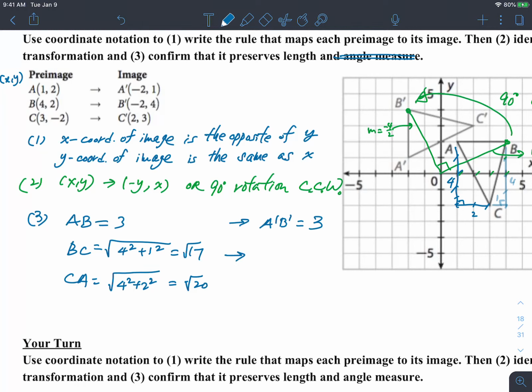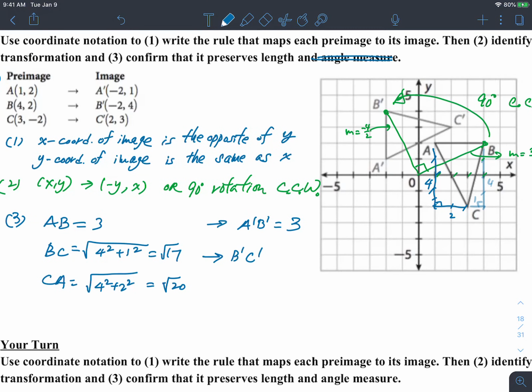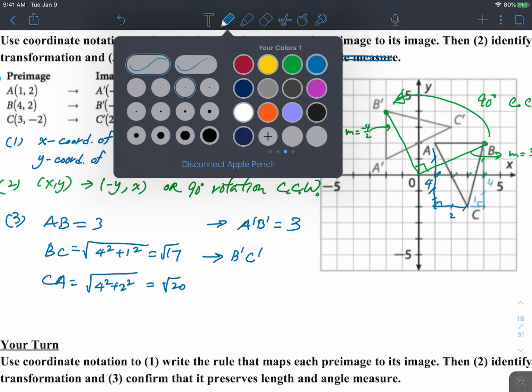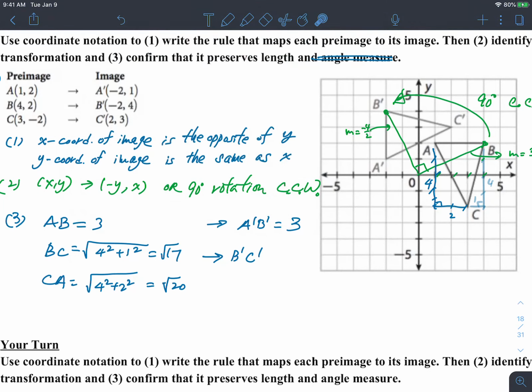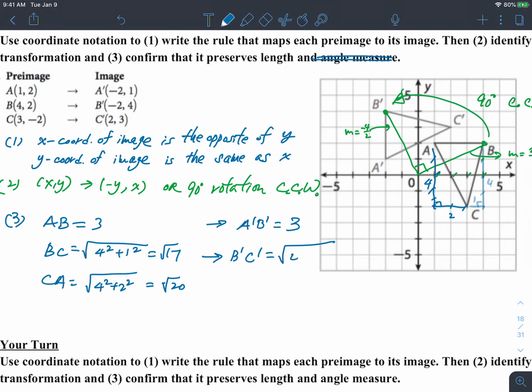So what is B prime C prime? If you look at the B prime C prime, I'm not going to draw that one, but it's here, guys, right? Same thing. 1, 2, 3, 4, and then from here to here is 1. So you go through the same exact process as 4 squared plus 1 squared, which is root 17. Voila, these two are the same. How about C prime A prime?